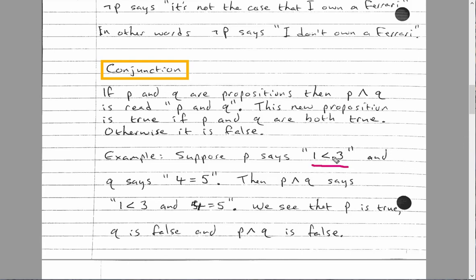So this one's true, this one's false, and so the conjunction is false. The conjunction would only be true if both of these were true, but Q is false.